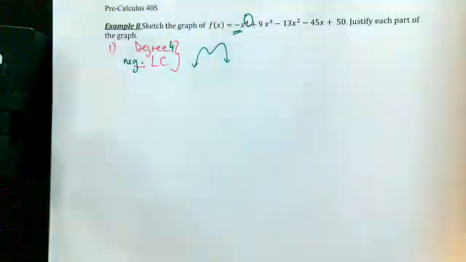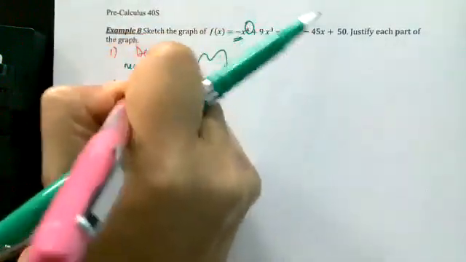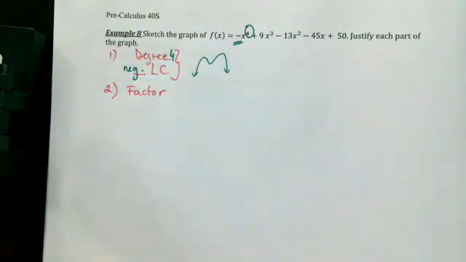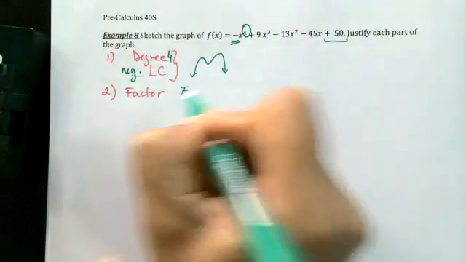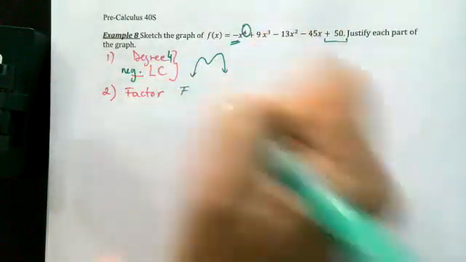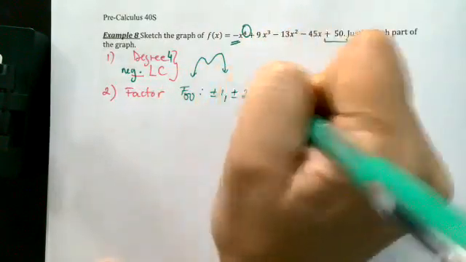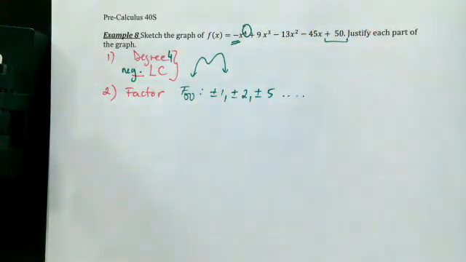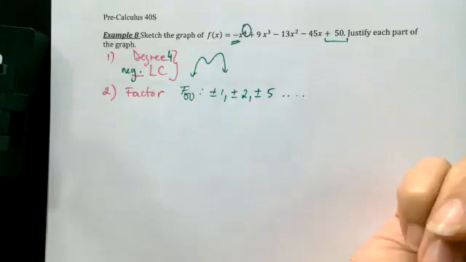Next step is factoring. Let's factor, starting with the free term, which gives us our choices. Factors of 50: 1, 2, 5. We go through the list.